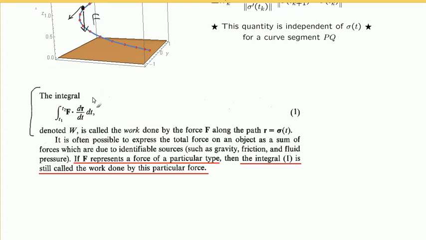Because of that earlier explanation, it doesn't matter how you pass through this one. The work done along that path is always the same, right? By the force. Force is not depending on how fast you're going through. The drag force from the air, that highly depends on how fast you're going through, right? But gravity doesn't care how fast you're going through. It's always a constant in the position.